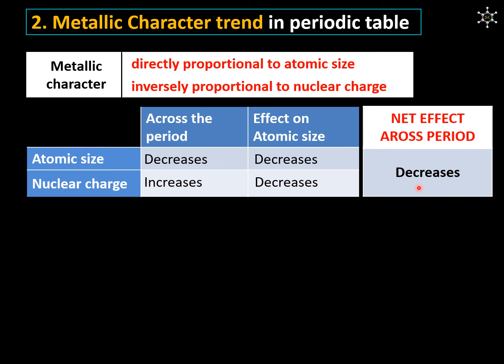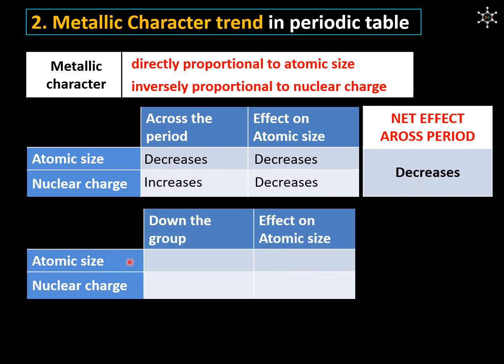Let us analyze down the group now. Atomic size down the group increases. Since atomic size is directly proportional to metallic character, metallic character down the group also increases because of atomic size. Nuclear charge down the group increases.